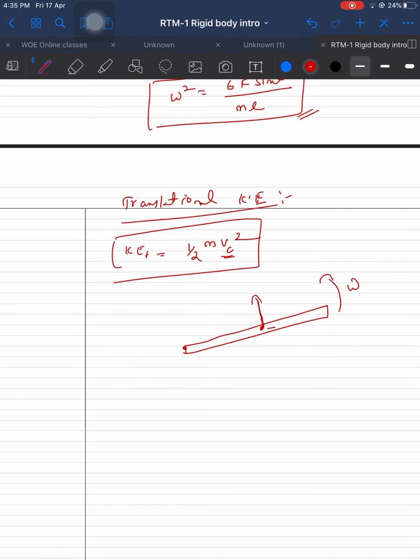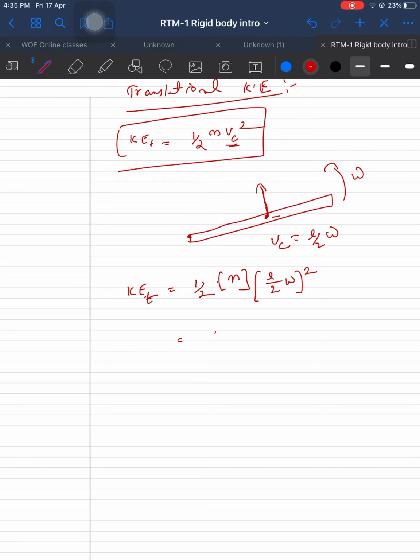So the translational kinetic energy is half m Vc square, where Vc is L by 2 omega, whole square, which is m L square by 4 into omega square. Omega square you can replace with 6 F sin theta by m L.